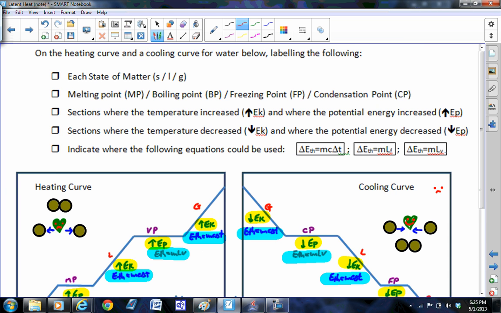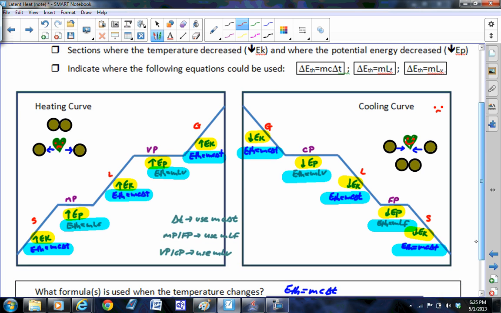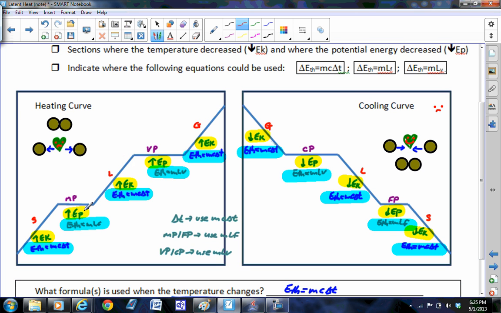So what's going on is the following, just as a recap. Remember, we're continuously adding thermal energy. So over here, when we have a solid, as I'm adding thermal energy, the energy is being used to increase the movement of the particles. There's more and more EK. Once I hit the melting point, that energy is no longer going towards EK. Now it's going towards the potential energy of the particles being forced apart, giving them more potential energy.